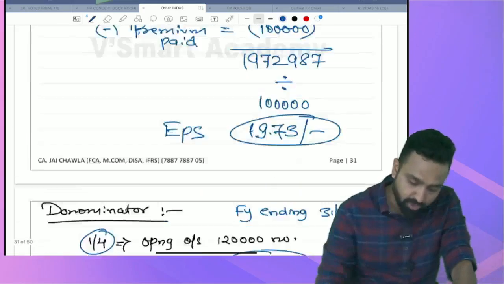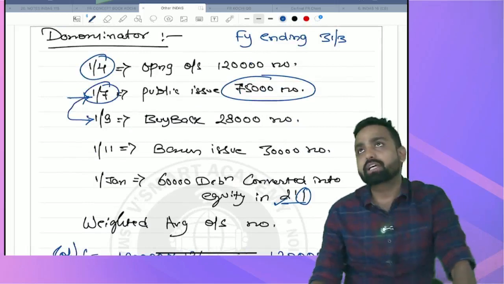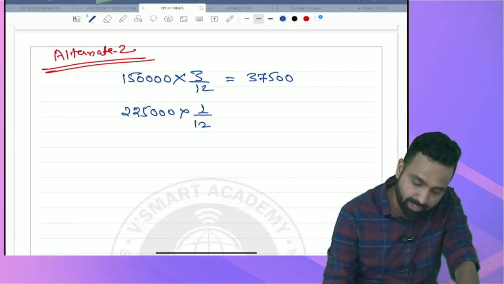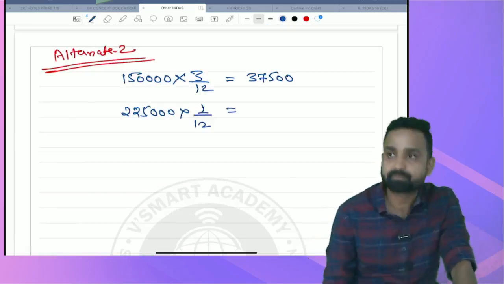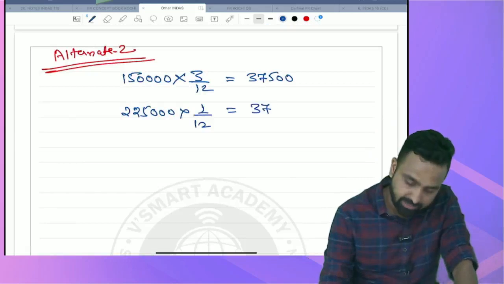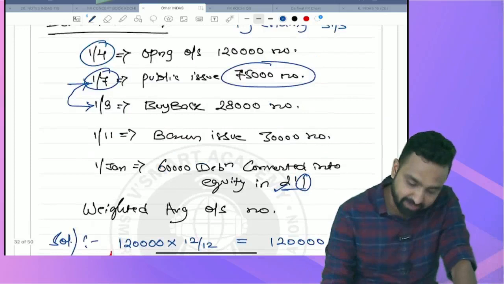Now from 1st July I will go to the next date, July, August, only 2 months, into 2 by 12. It's again 37,500.